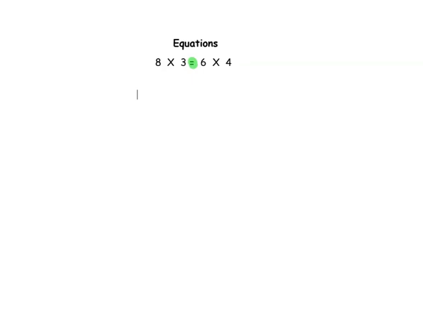So for solving this, the product of 8 times 3, and I remember this from the last slide, is 24. Is that the same or equal to 6 times 4? Does 6 times 4 also give me 24?